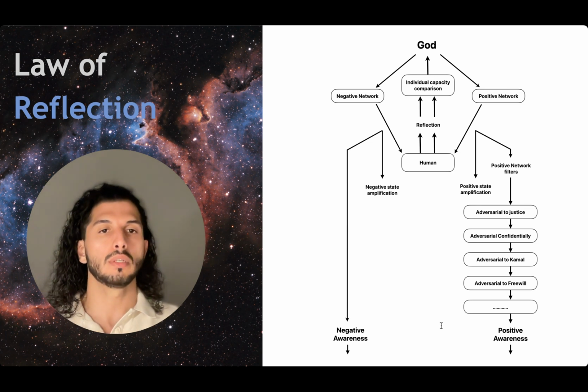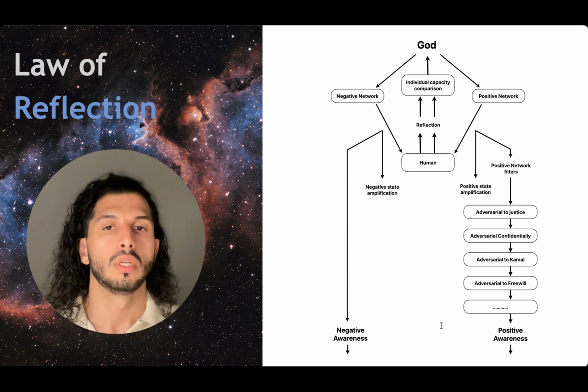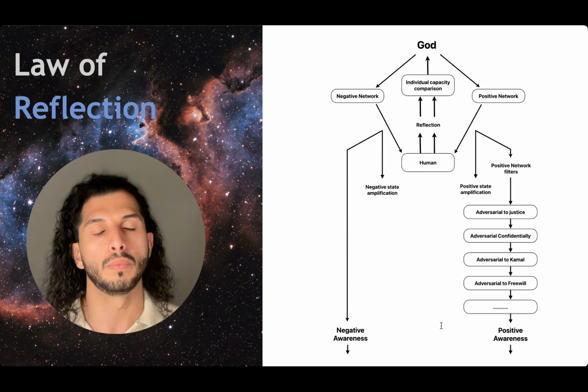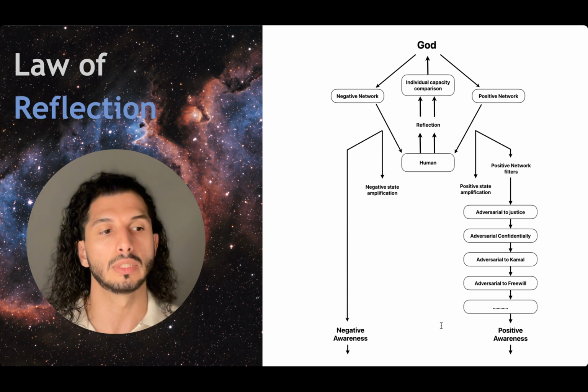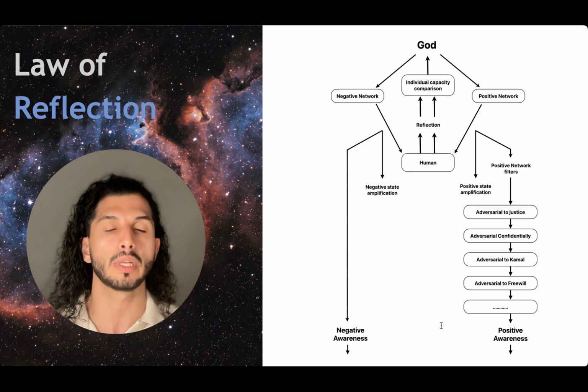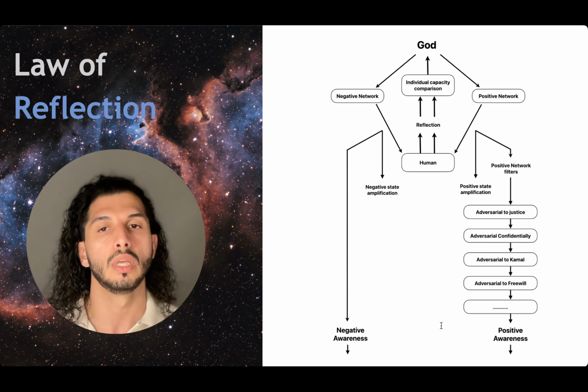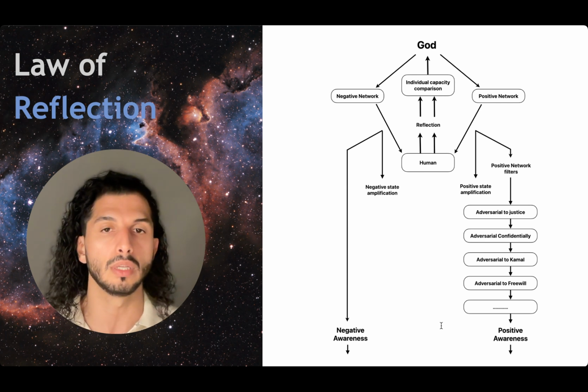Now, based on this reflection, its framework is justice as well, by the way. So one of the ways in which justice is delivered by natural laws is through this law of reflection. So regardless of whether the individuals intentionally or unintentionally seek something, they would either receive positive or negative guidance or misguidance as a result.